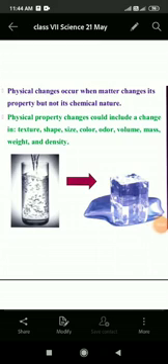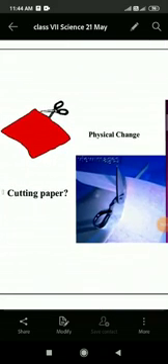Now we can take another example, like cutting paper.